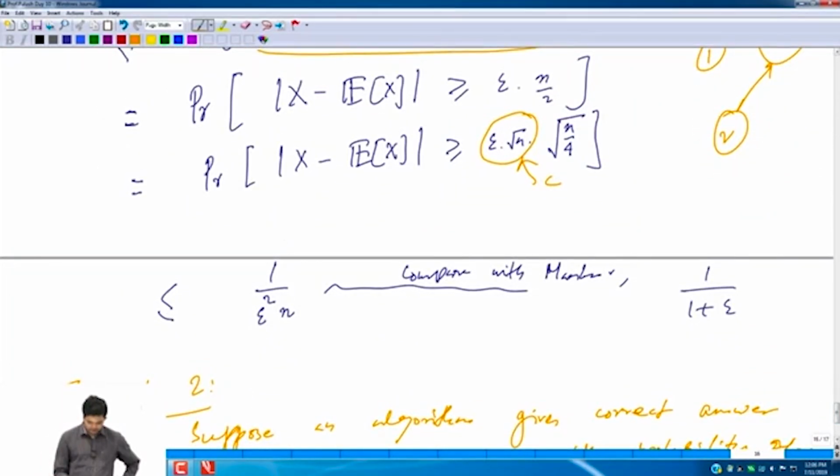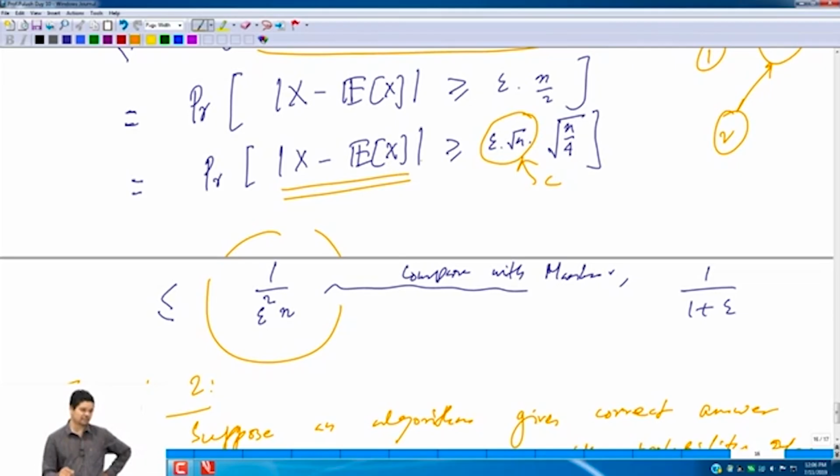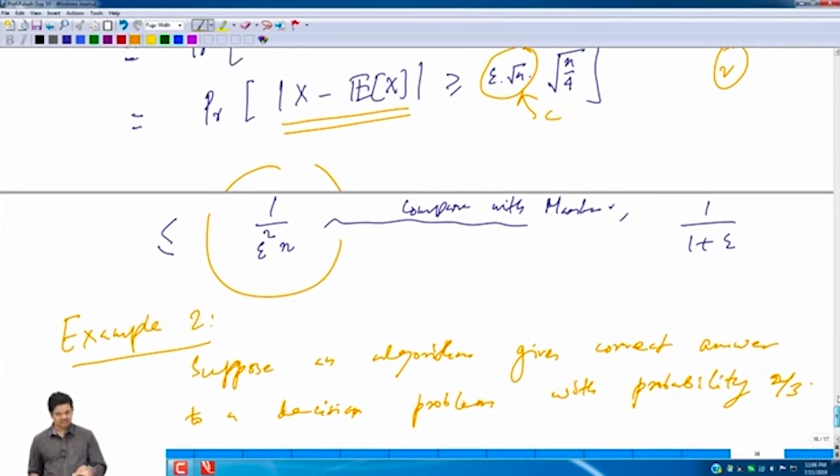But what is important is that what Chebyshev's inequality shows is that if your n is really large, then your value of this random variable x is tightly concentrated around the expectation of x. So with very high probability, if n is large, 2/3 of the time it will give a yes answer, so the majority of the time you will get a yes answer.